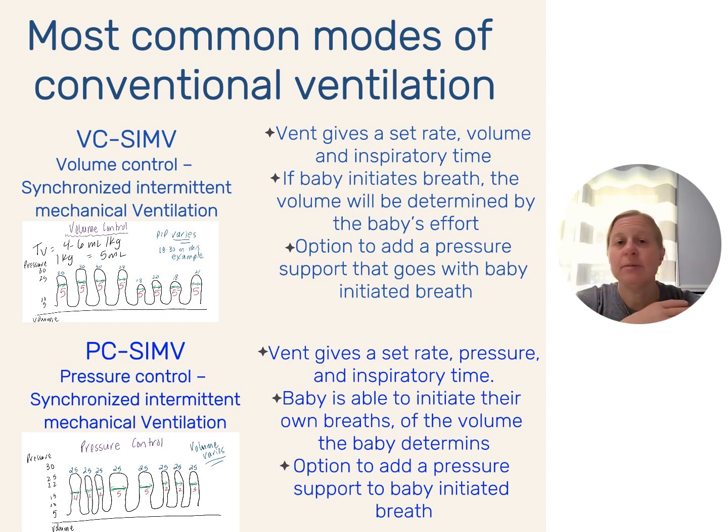Now, a baby can initiate a breath all they want. If they do, they get to determine their own volume instead of taking the volume that the vent is set at. In this mode, you can add a pressure support so that when the baby does take their own breaths, we're saying, at a base it's going to be this much. So it is a gentle mode of ventilation.